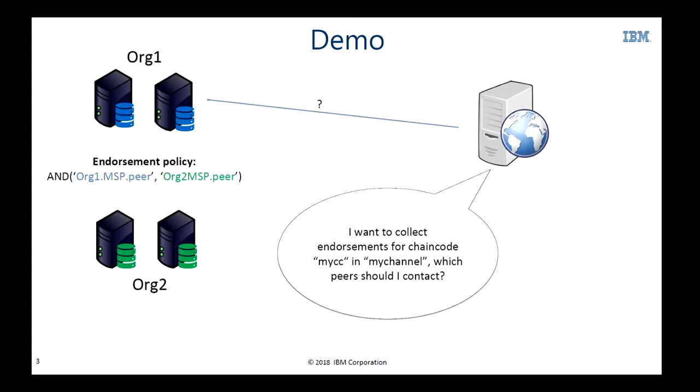And let's say that this server here, the one with the globe, is a peer, and it wants to collect endorsements for chaincode myCC in channel myChannel.